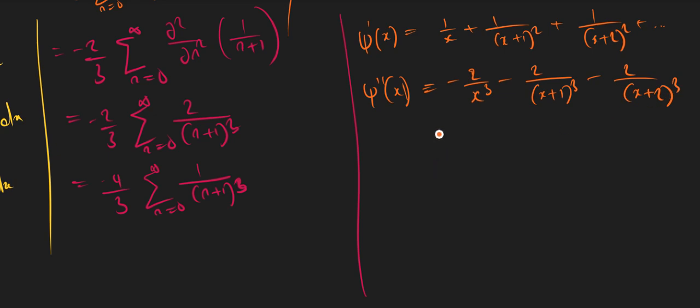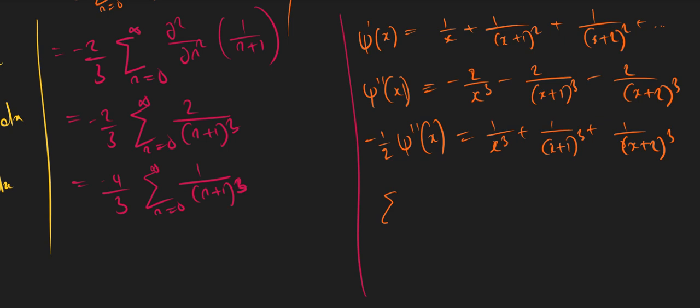So basically, negative 1 over 2 times psi double prime of x is going to be 1 over x to the third power plus 1 over x plus 1 to the third power plus 1 over x plus 2 to the third power.